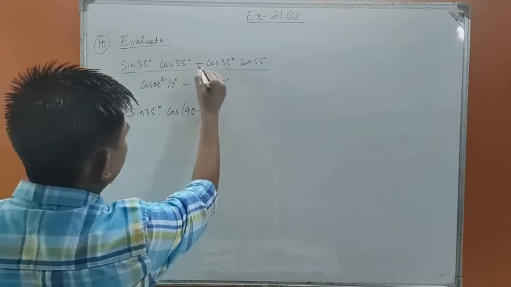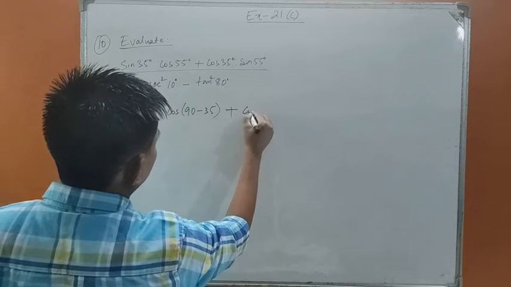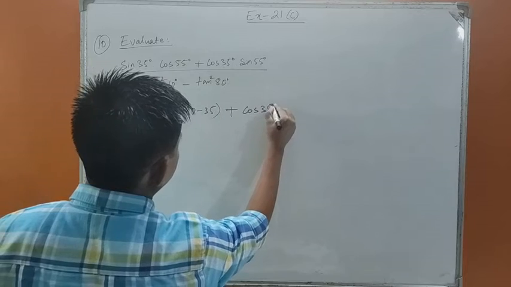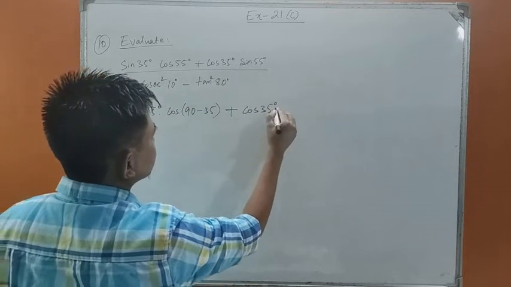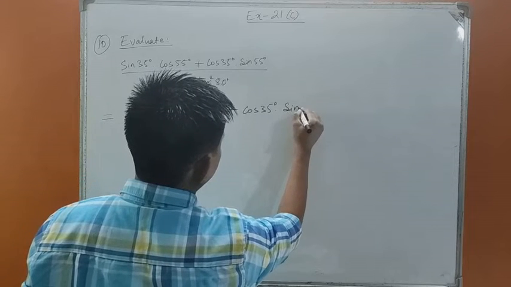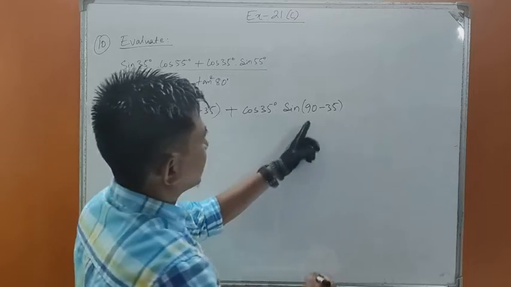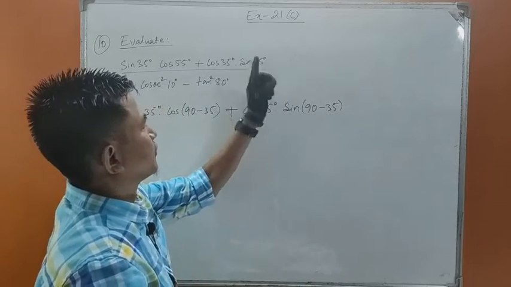So plus we copy this cos 35 as it is, cos 35 degree, into sine 55 means sine 90 minus 35, isn't it? 90 minus 35 gives us 55 degree.